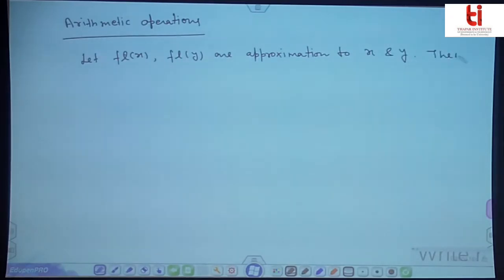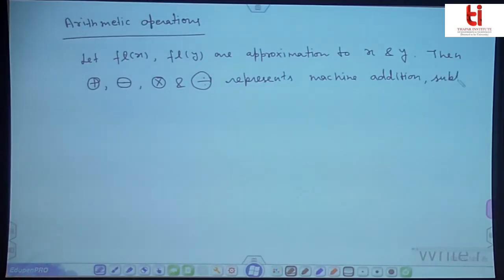Then the symbols for addition, subtraction, multiplication and division represent machine addition, machine subtraction, machine multiplication and machine division.